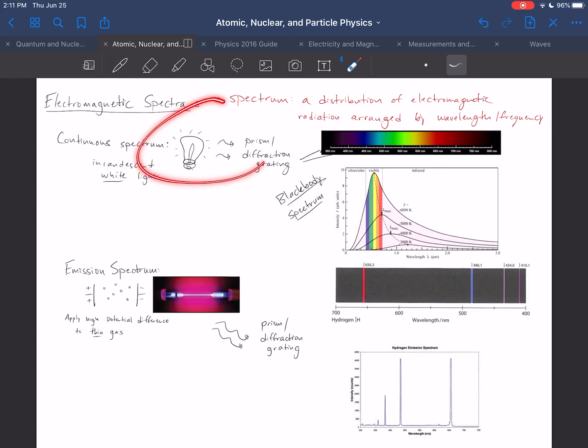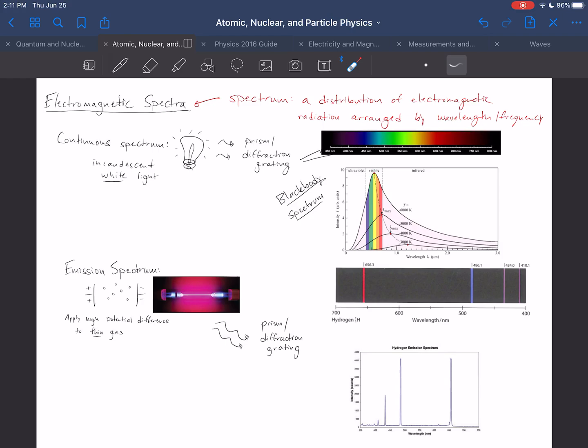So you take all the light coming from the incandescent white light and you spread it out into what most ordinary human beings would call a rainbow. And it's a full rainbow if you have a continuous spectrum. There are actually different kinds of continuous spectrum, but the idea is there is at least some light at the different wavelengths.